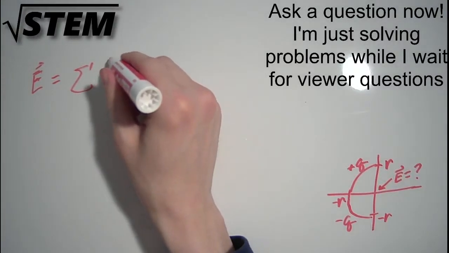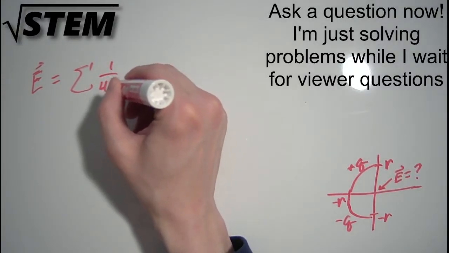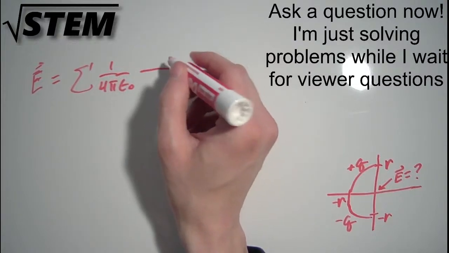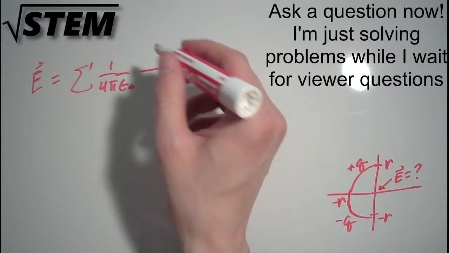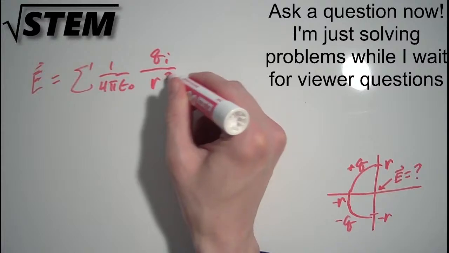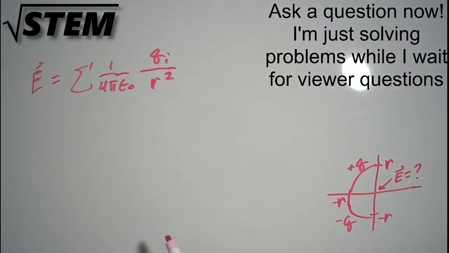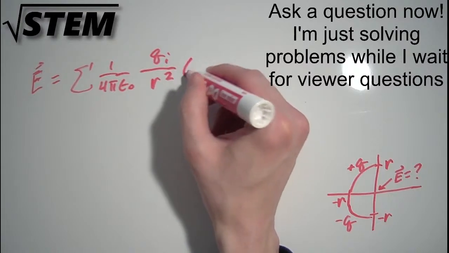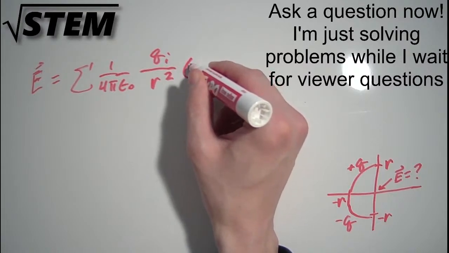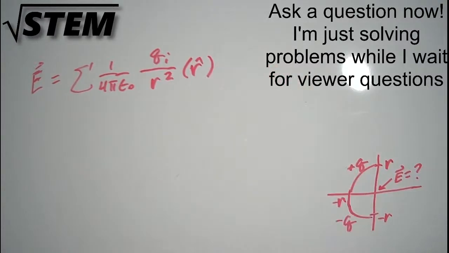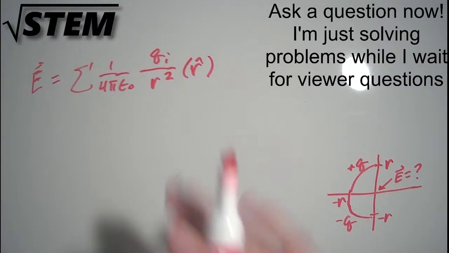So 1 over 4 pi epsilon naught qi over r squared, and the direction will be in the minus r hat direction.